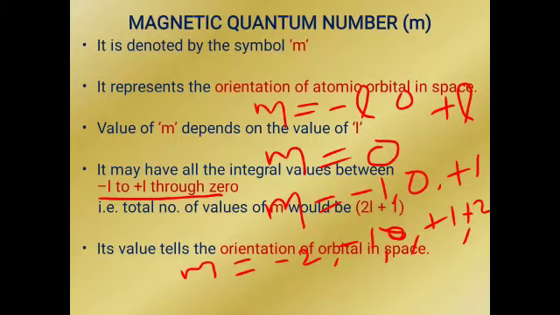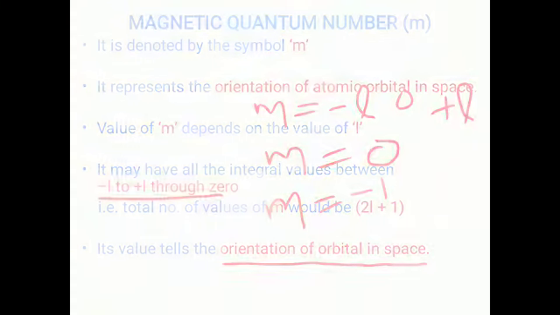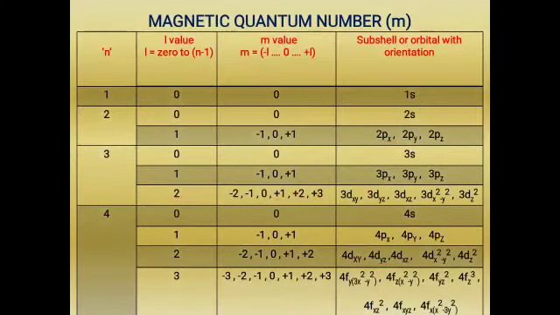In such a way, we have to calculate different m values by substituting different L values. Based on the L value and m value, we can identify the orientation of atomic orbital in space. The distribution of electrons in various orbitals in space can be calculated from the L value and the m value. Let us see it clearly with the help of this table.